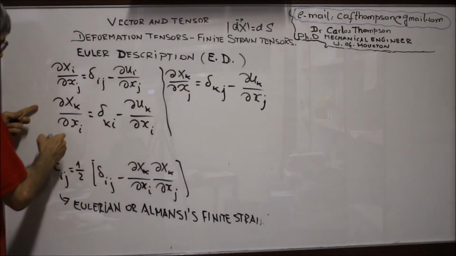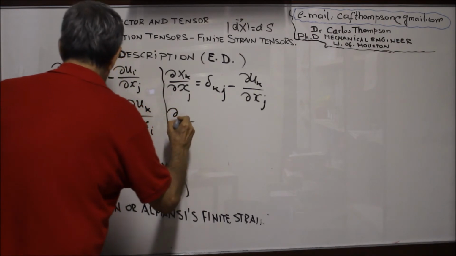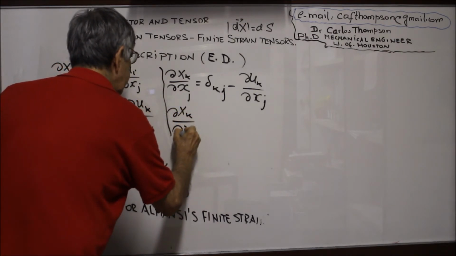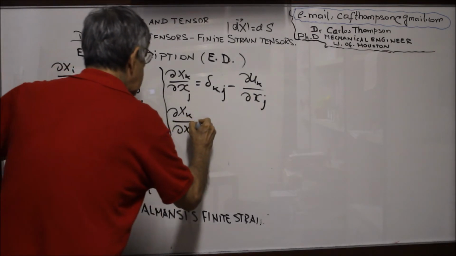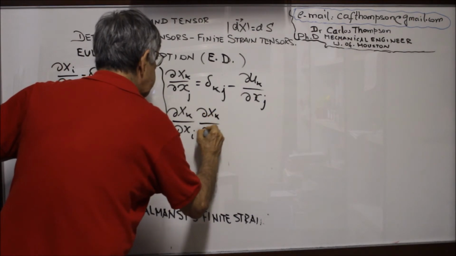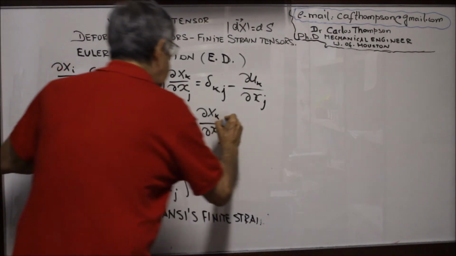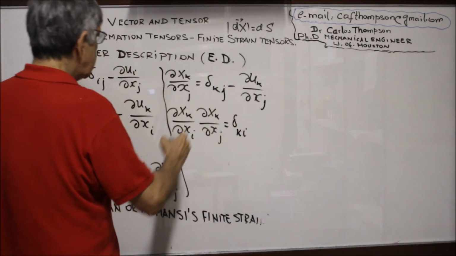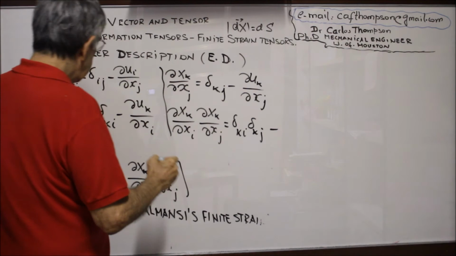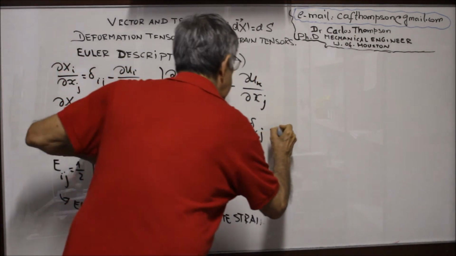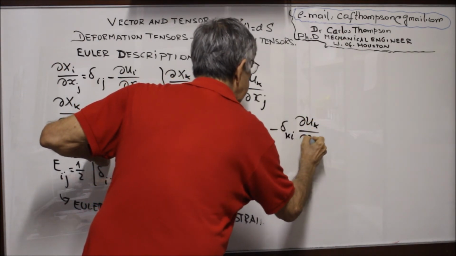Now, let's multiply this by this. So, let's multiply partial of Xk with respect to xi, this times partial of Xk with respect to xj. This is equal. Now, let's do it. Delta ki times delta kj minus, now this times this, minus delta ki partial of uk with respect to xj.